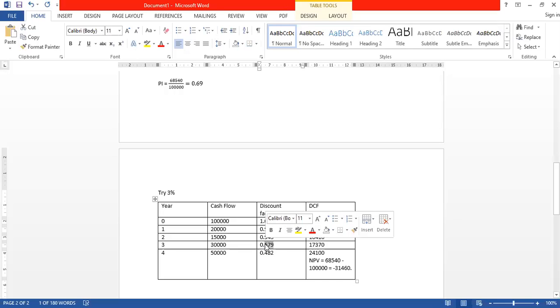The next one will be 1.03 raised to power minus 4, which gives us 0.888.